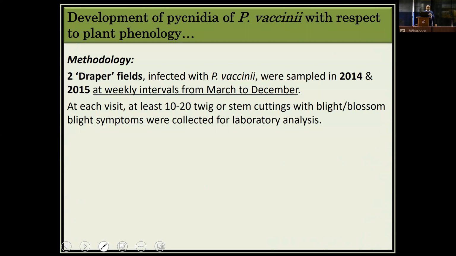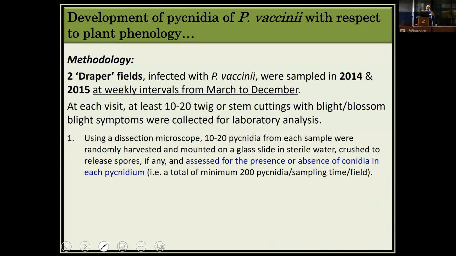We selected 2 fields for 2014 and 2015, and took 10 to 20 infected twigs, and then brought them to the laboratory and did some analysis on those twigs, looking at the Pycnidia present on those infected materials. We took about 10 to 20 Pycnidia from each sample per field, and then quantified the amount of Pycnidia which contained conidia.